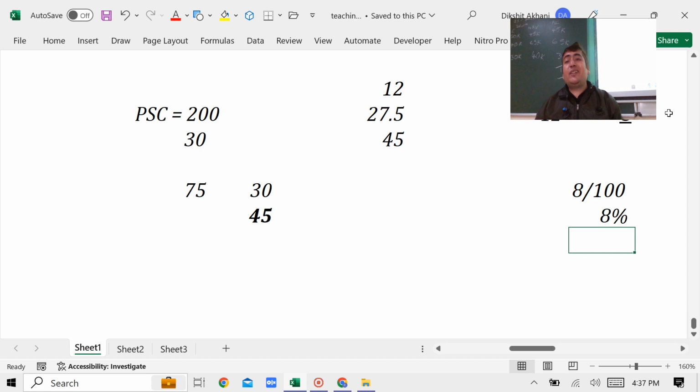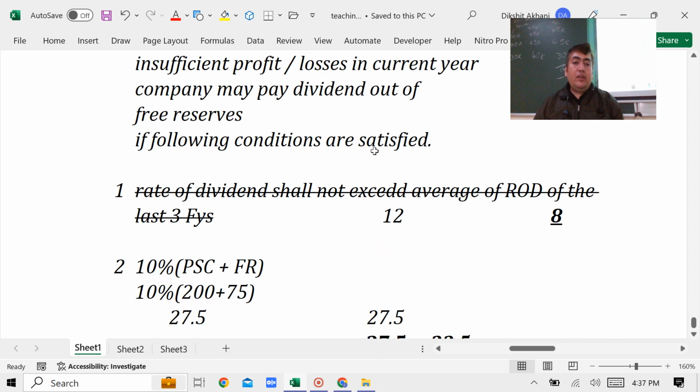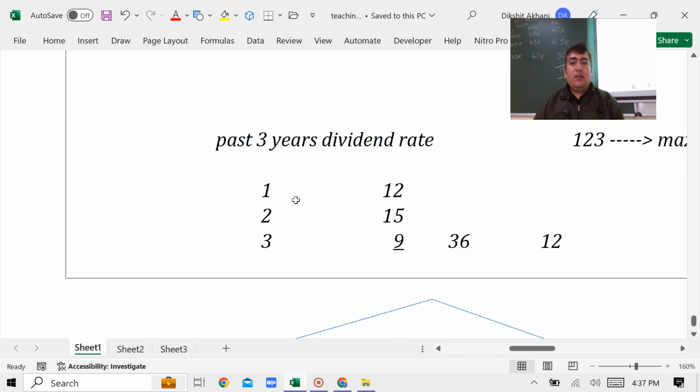Even if last year it was 9%, earlier 15, 12, this year out of reserve you can't exceed 8%. So utilization wise you have utilized 12%, but dividend declaration wise only 8%. Is the explanation clear to everyone?